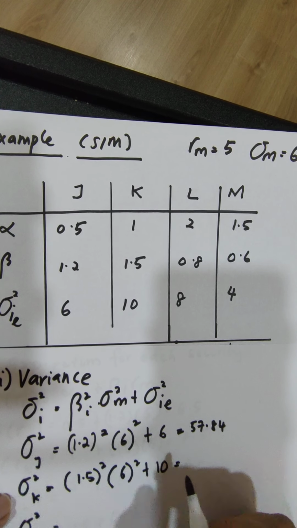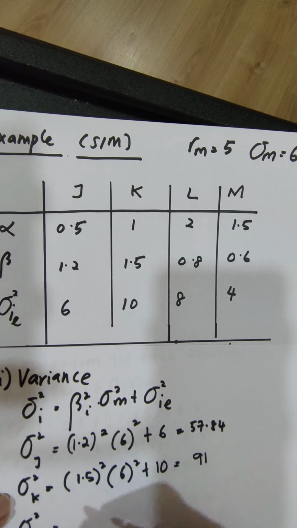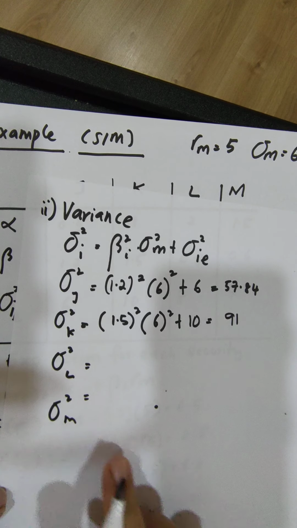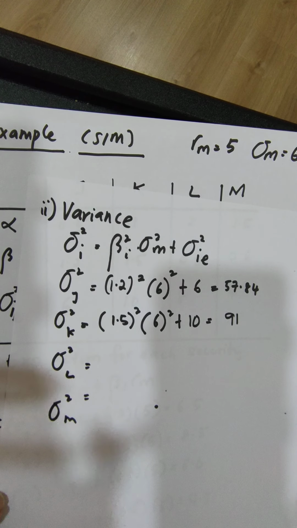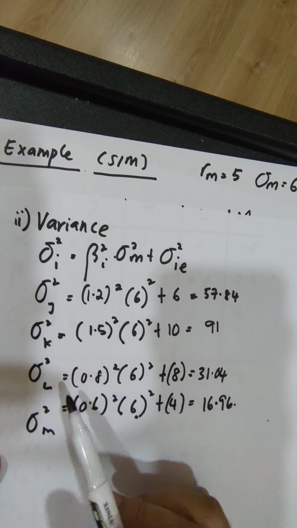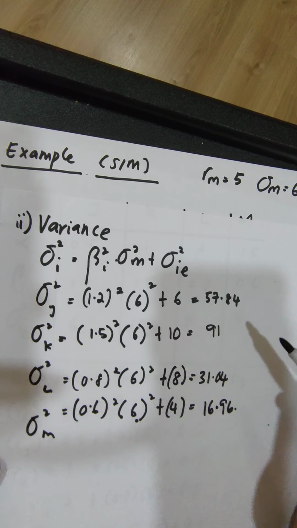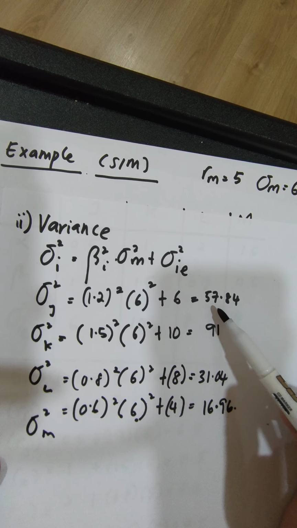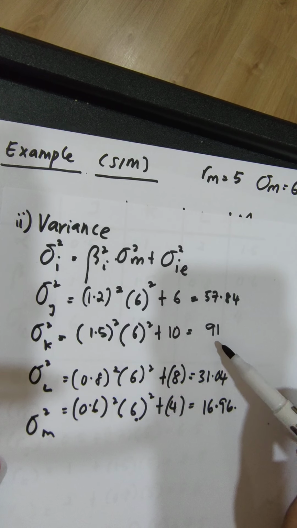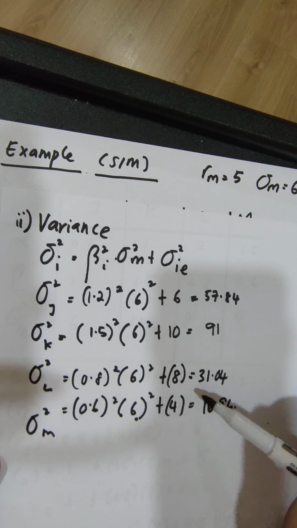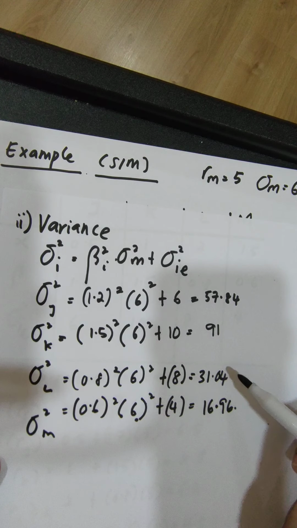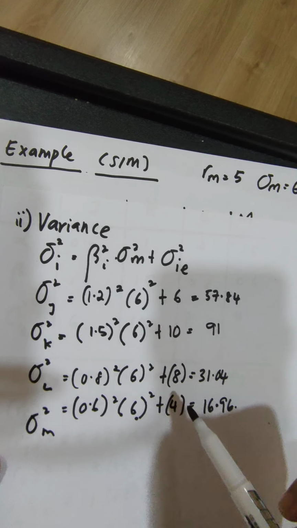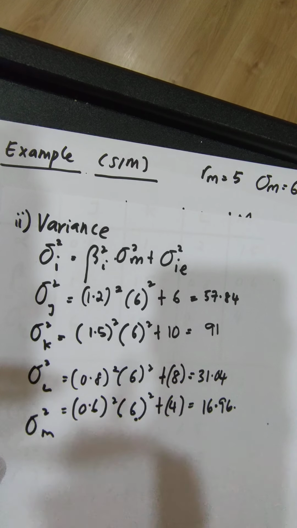So you can get the answer of 91, and you may proceed for the rest of the other values. Once you have completed the calculations, these are the answers that you may get: variance for J is 57.84, variance for K is 91, variance for L is 31.04, and variance for M would be 16.96.